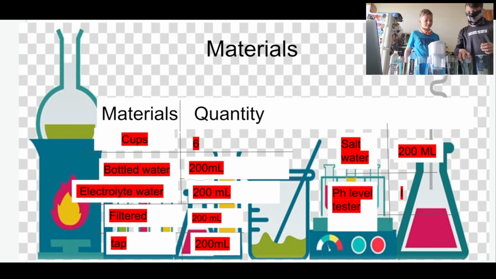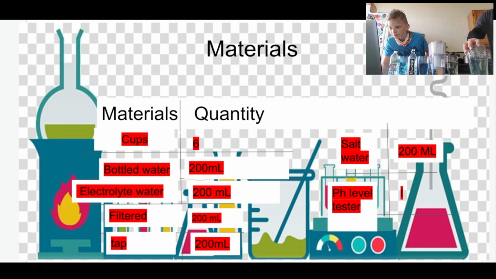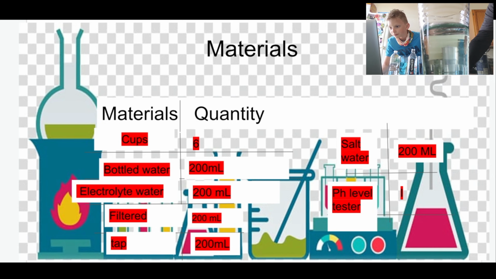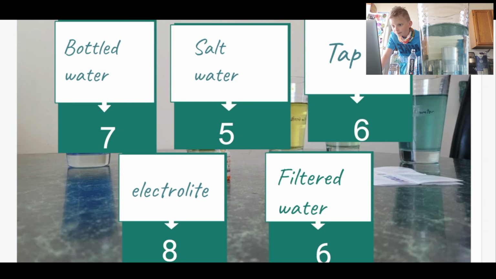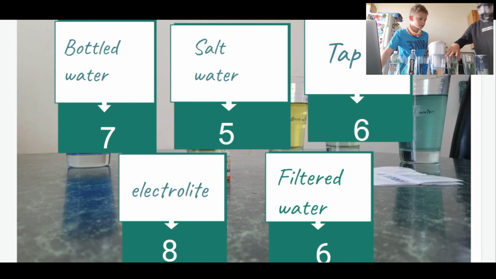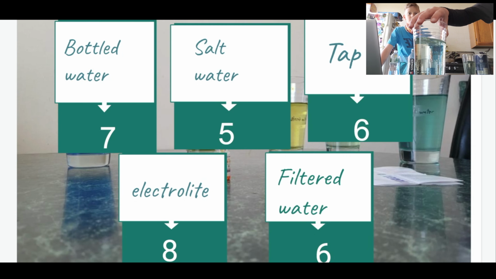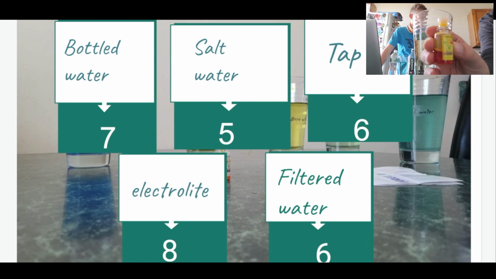For the next one, we have the tap water. As we can see over here, it looks to be a 7. For the next one, we have the bottled water, and if we look over here, it looks to be a 6.